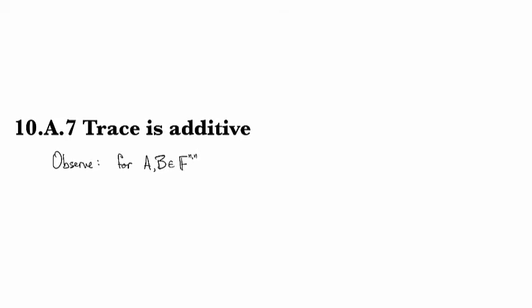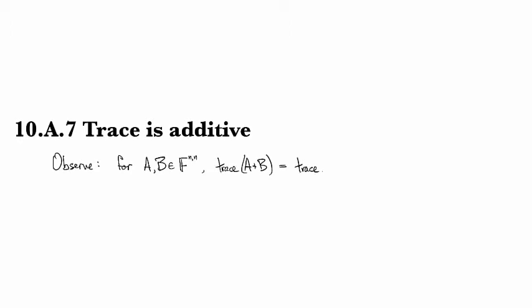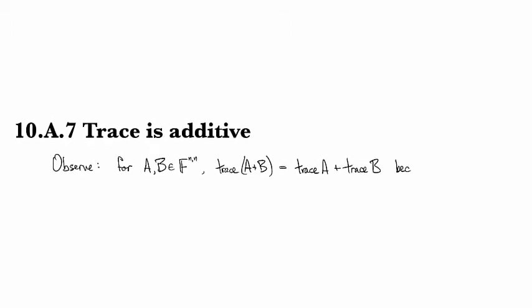If we have two matrices of the same size, then the trace of A plus B is going to be the trace of A plus the trace of B just by looking at the diagonal entries.